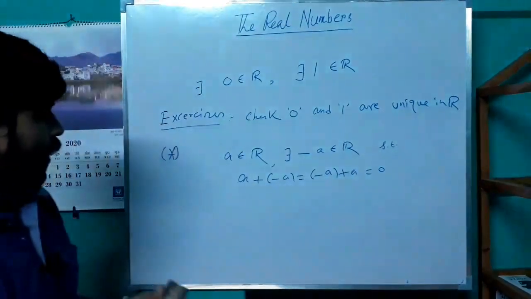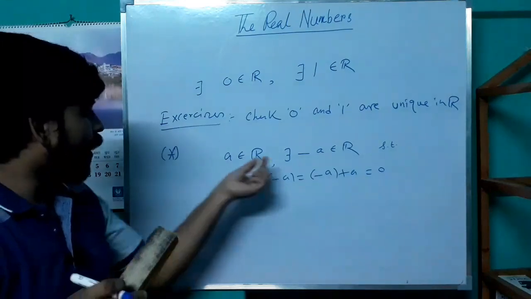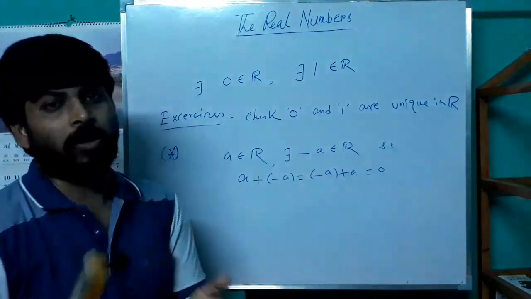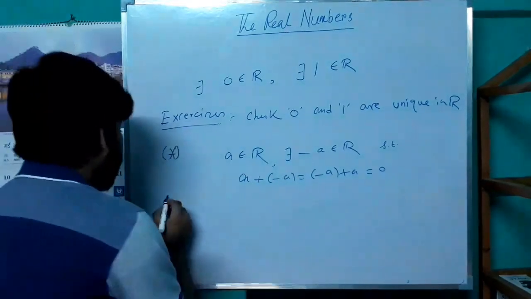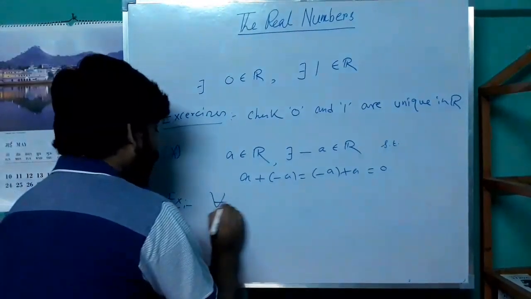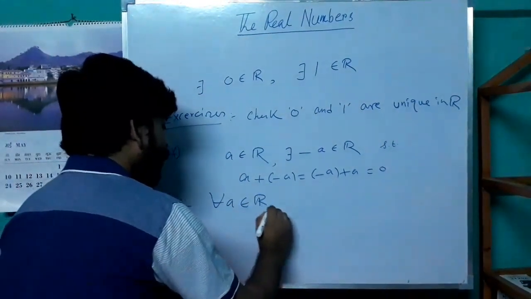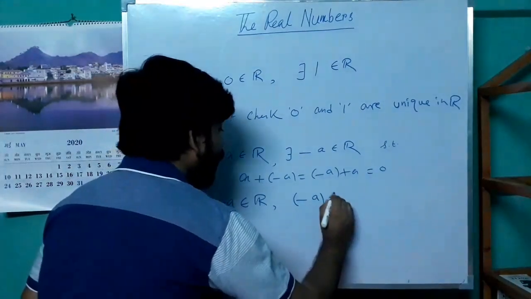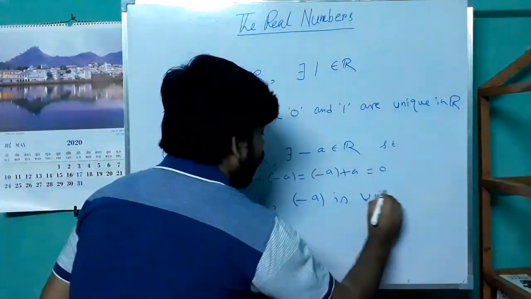So the natural question, for each A, is whether the element minus A is unique or not. So this is the next exercise, that for each A belongs to R, minus A is unique.